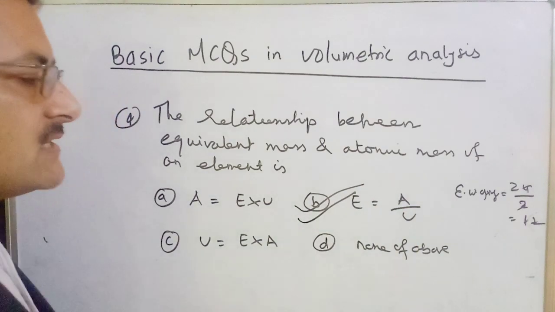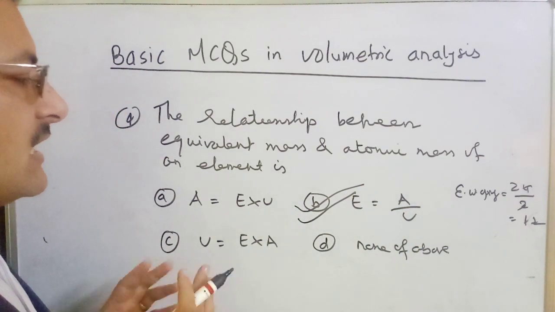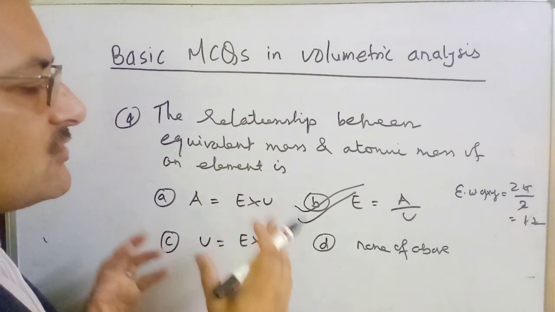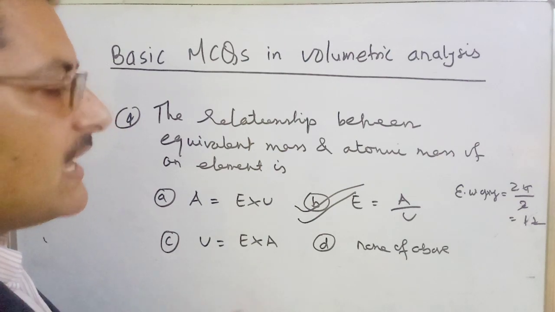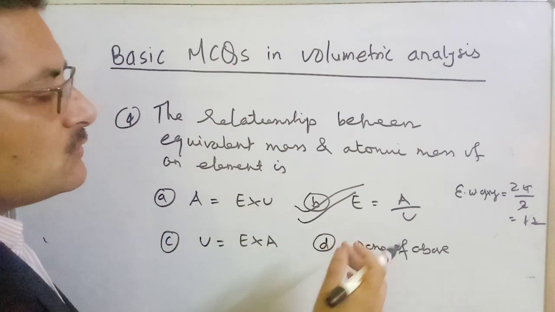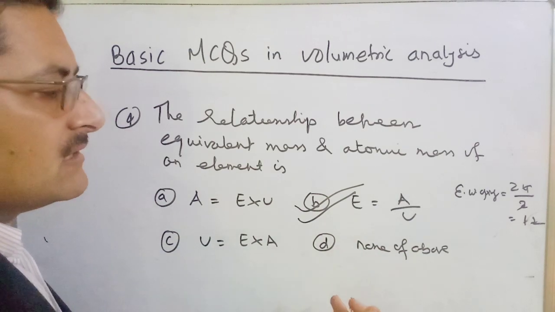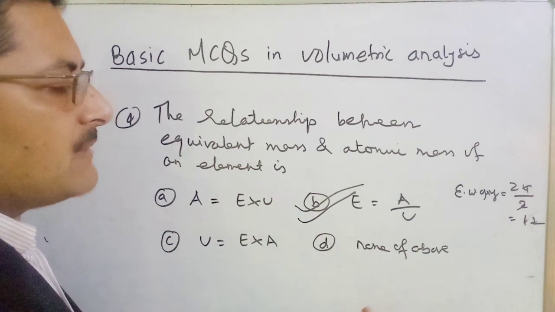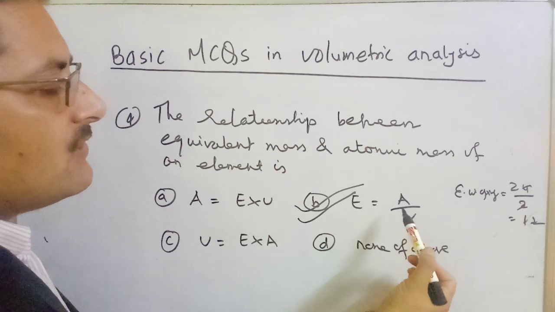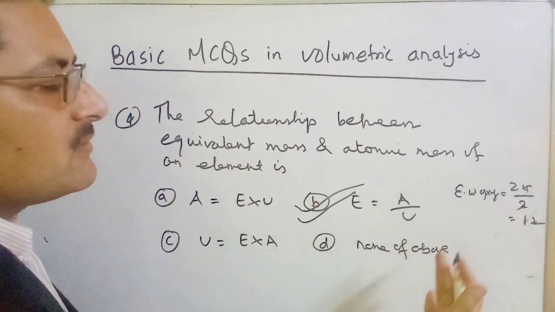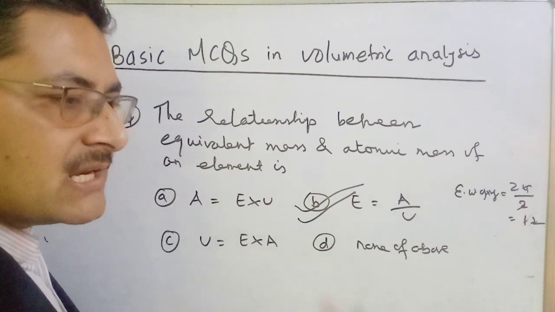This relationship you can easily use to find the equivalent mass from the atomic mass of an element if you have the valency. This relation is also useful to say that equivalent mass is variable, but atomic mass is not. For example, copper has a certain atomic mass and valency 1 and 2.